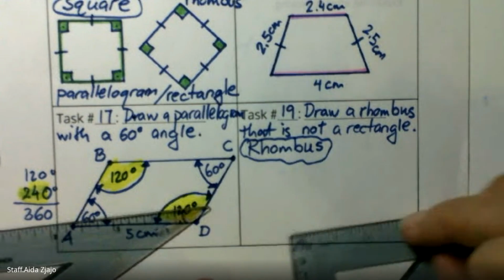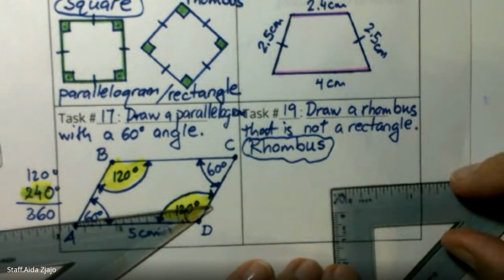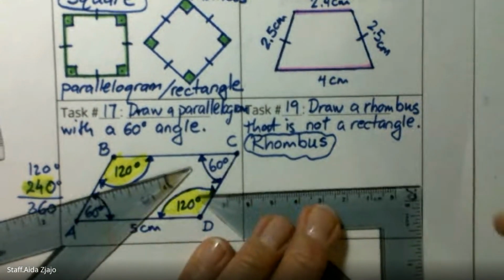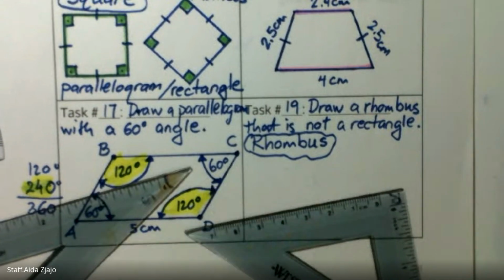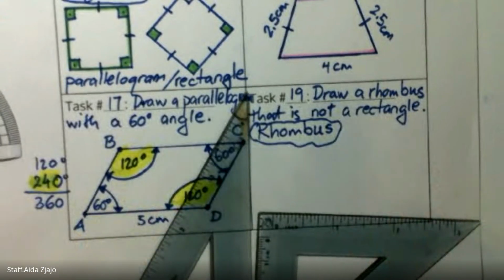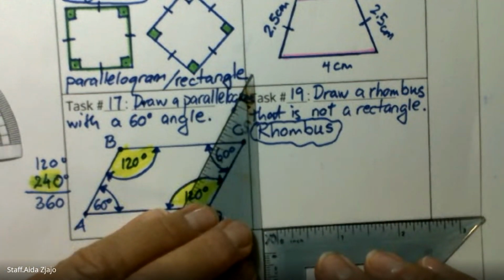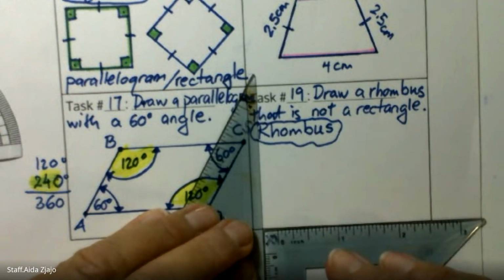I was thinking to use perpendicular diagonals, but in this case, I will not do that. I will just create a regular rhombus, which is not a rectangle.